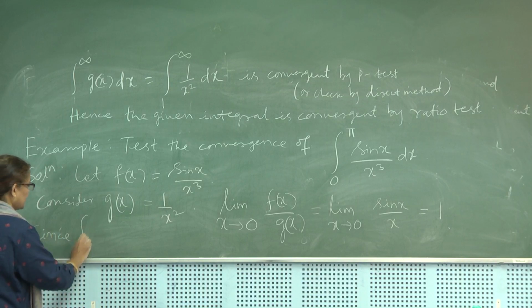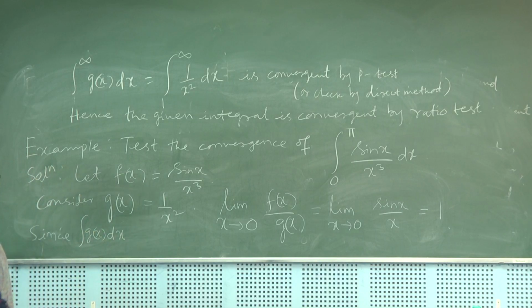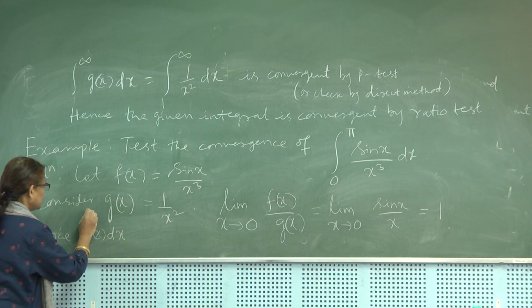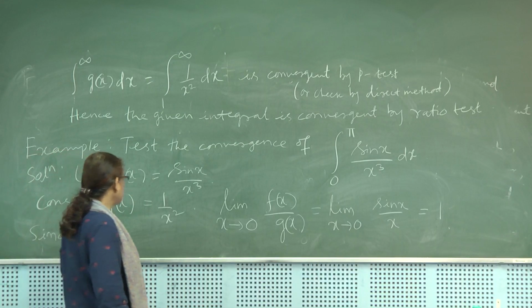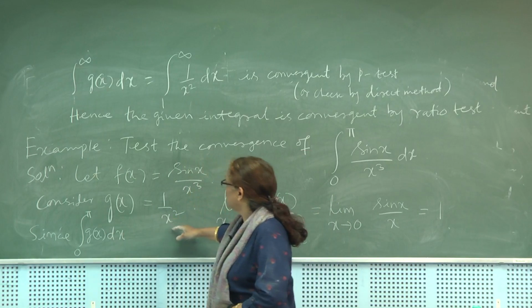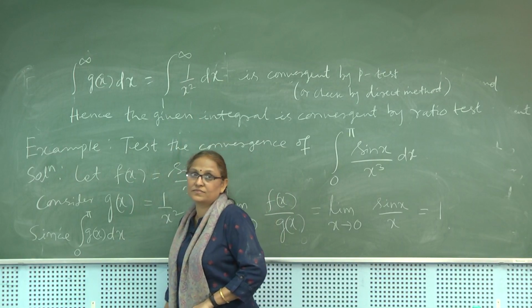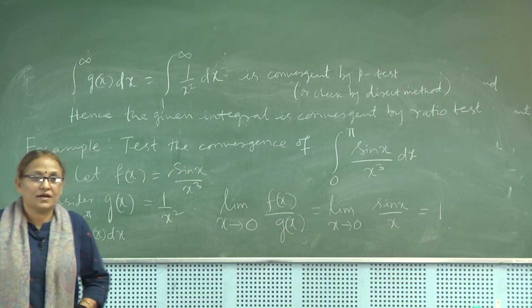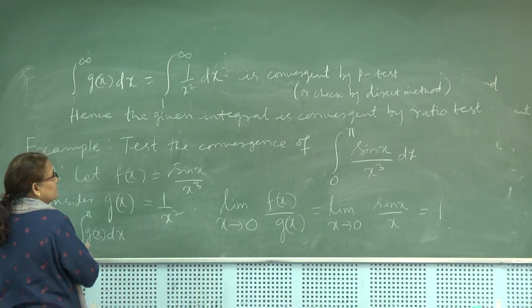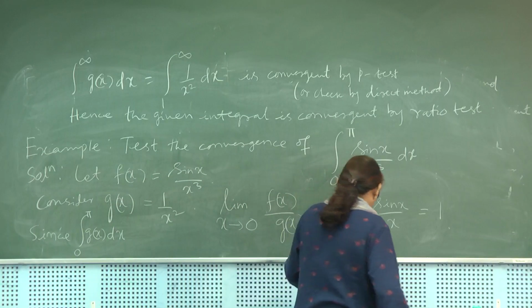Now we look at the integral of g(x) dx from 0 to pi. In the previous example the integrand was 1 upon x square, but the limit was from 1 to infinity, and here the limit is from 0 to pi.